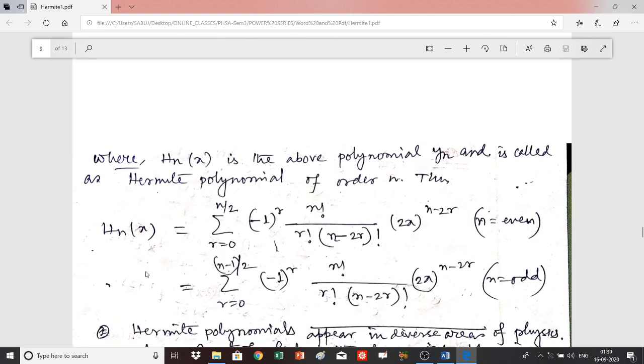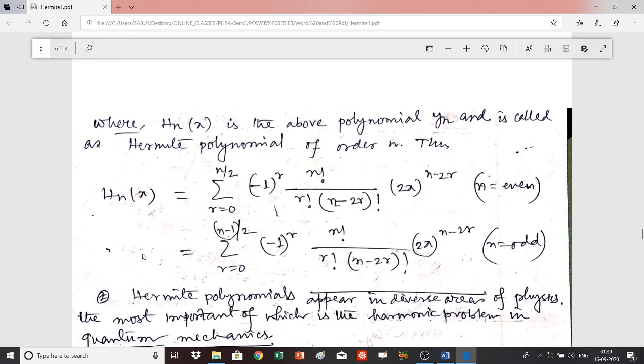So now generally Hn can be written as the sum over r equal to 0 to n/2 of (-1)^r n! / (r! (n-2r)!) (2x)^(n-2r) when n is even, and if n is odd, then you can write Hn as written here in this way.